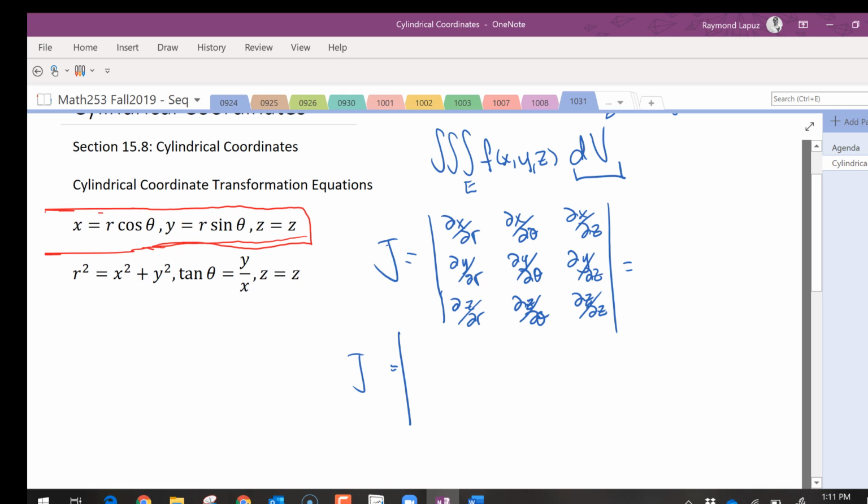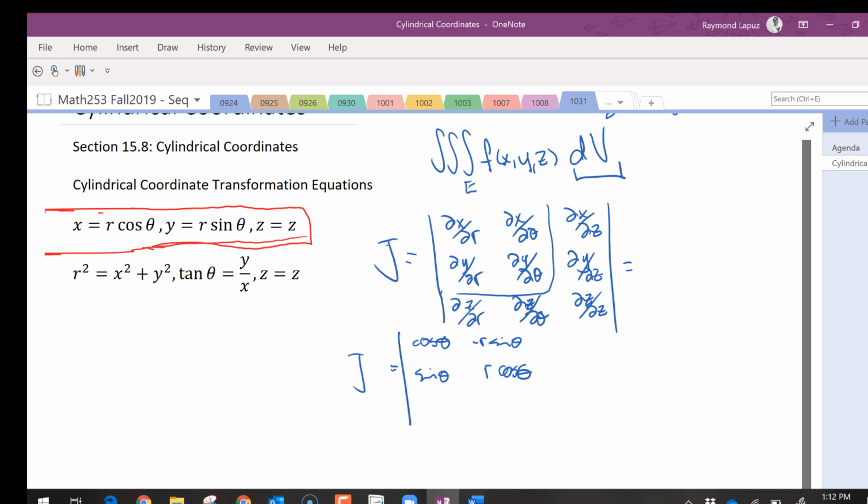So specifically for these cylindrical coordinates, we have a 3 by 3 matrix. These four values over here are coming from polar coordinates, so they're exactly the same as polar coordinates: cosine theta, negative r sine theta, sine theta, positive r cosine theta. So we just need to fill in the rest.